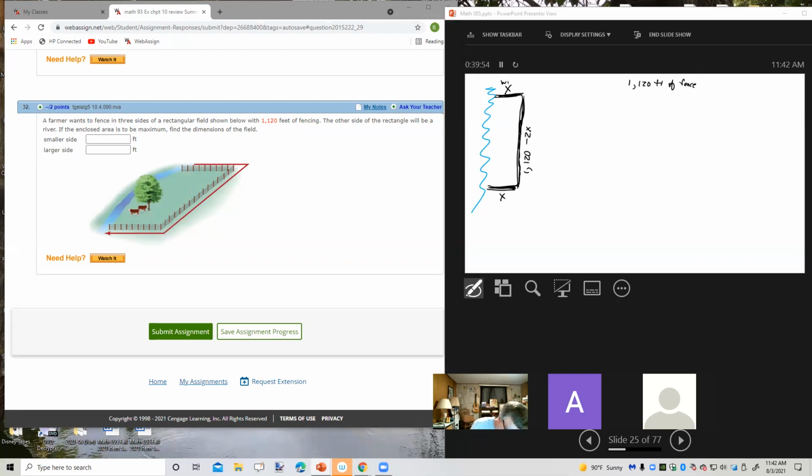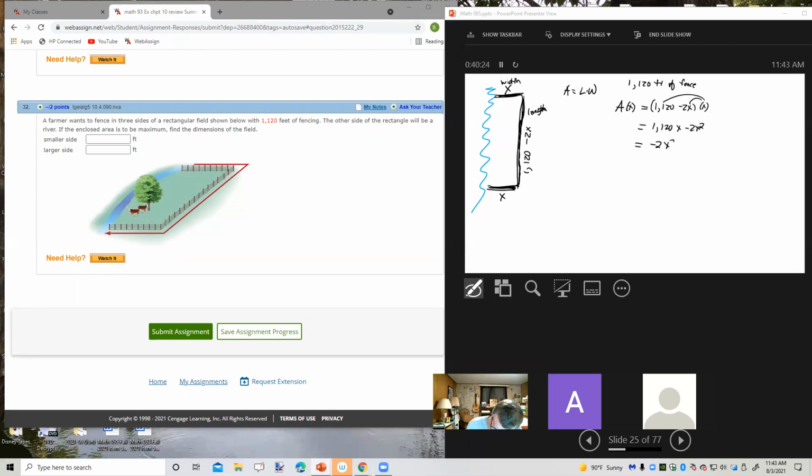So let's call this the width and this the length. And the area of a rectangle is length times width. So area, and I'm going to use function notation, is going to be length 1,120 minus 2X times the width, which is X. All right, which is going to be 1,120X minus 2X squared.